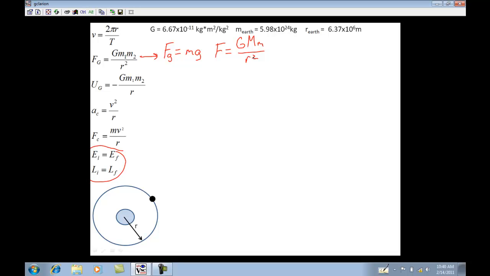Would it be the radius of the Earth, or the radius plus the distance from it? Exactly. So that's actually going to come up as well. So make sure you understand that this r is the radius of the Earth plus any altitude above it. Okay, good point.